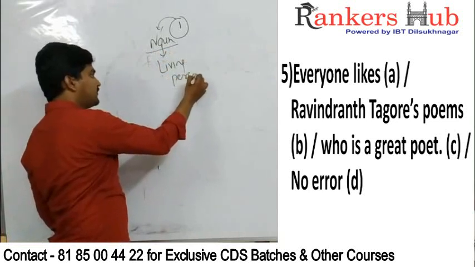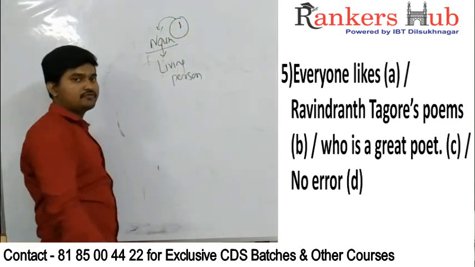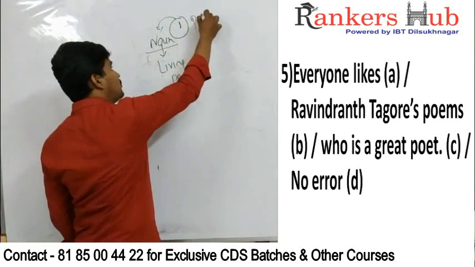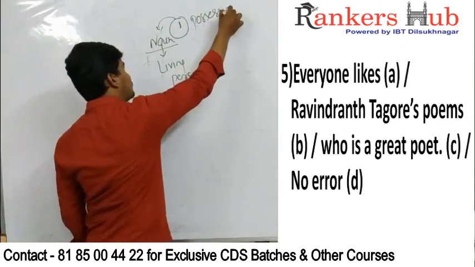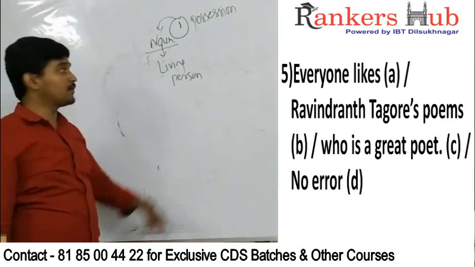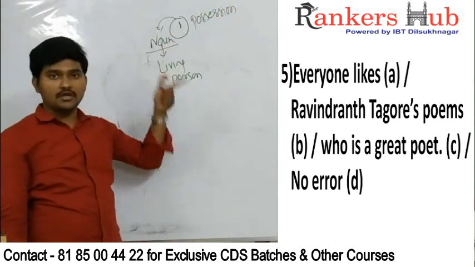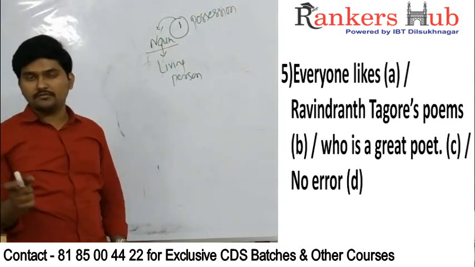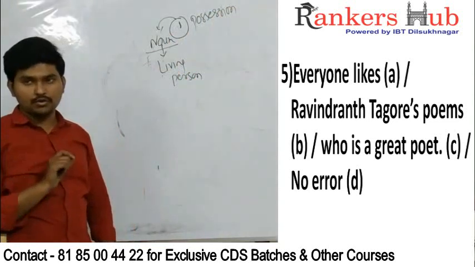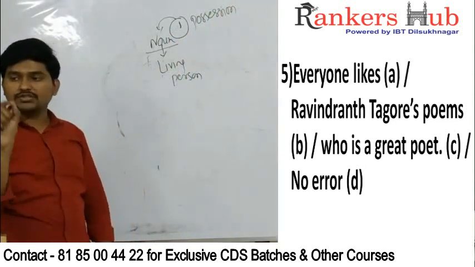Now, when there is a living person, you can always use apostrophe to show position. To show position, guys, I'm just giving you a brief idea here. Position can be shown using apostrophe with nouns. Now, actually, those poems are written by Rabindranath Tagore. That's why I said Rabindranath Tagore's poems.